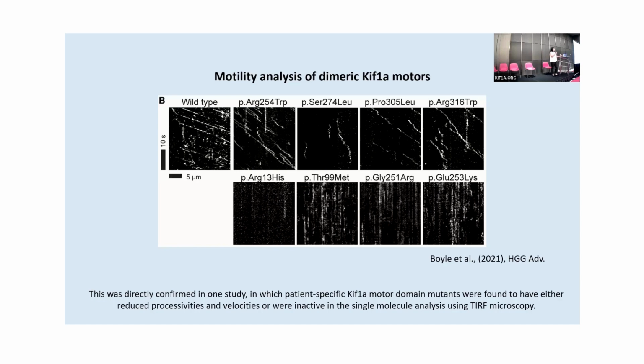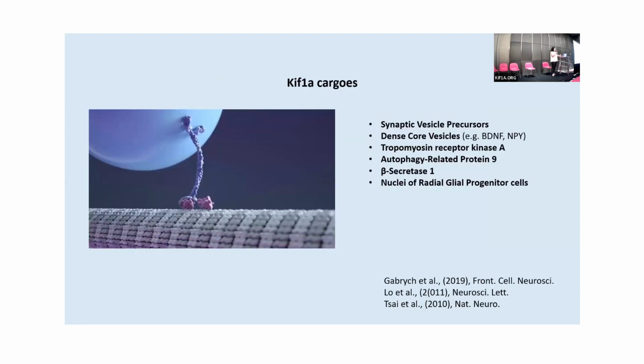In the lower panel, the lines are vertical, suggesting that the motor has been rendered completely stationary because of the mutations. And this suggests that KIF1A mutations probably cause neurological impairments due to defect in the transport function of KIF1A.